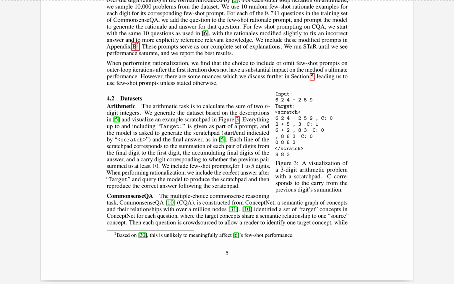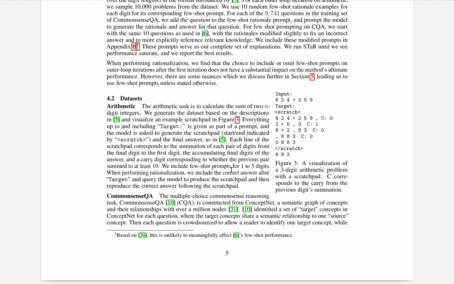CommonsenseQA. The multiple choice commonsense reasoning task, CommonsenseQA, is constructed from ConceptNet, a semantic graph of concepts and their relationships with over 1 million nodes. Identified a set of target concepts in ConceptNet for each question, where the target concepts share a semantic relationship to one source concept.